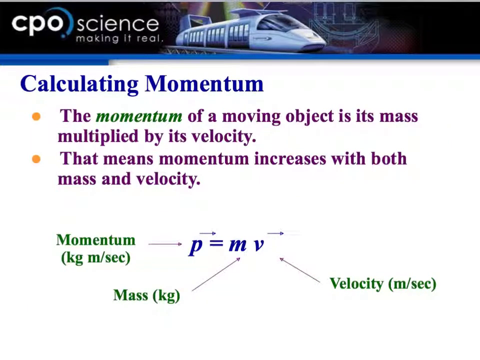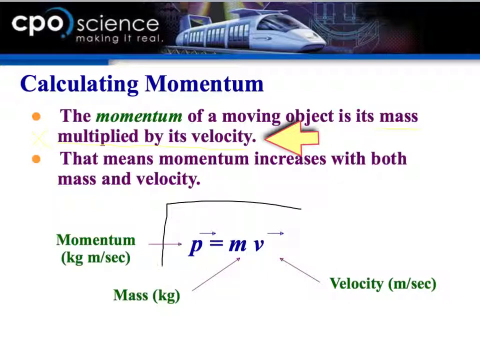Now for the fun part, calculating momentum. The momentum of a moving object is equal to its mass multiplied by its velocity. So momentum is mass times its velocity. This means that momentum increases with both mass and velocity.